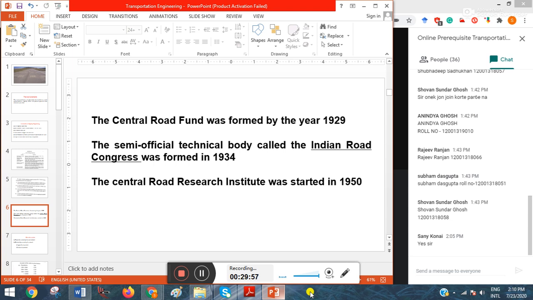So this was the first planned meeting, or planned conference, with all the chief engineers in 1943 at Nagpur.